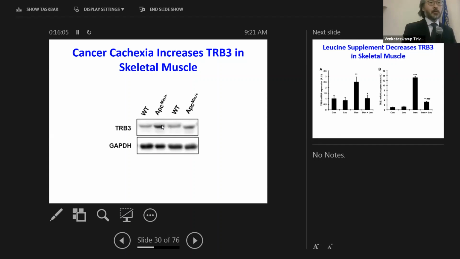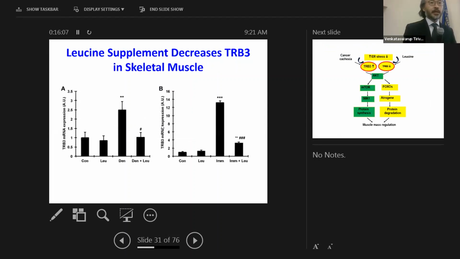One of the approaches we took was dietary supplement. Here is data showing leucine supplement. We gave the mice leucine or vehicle, and looked at TRB3 expression in the muscle. We also generated 2 different atrophic conditions.